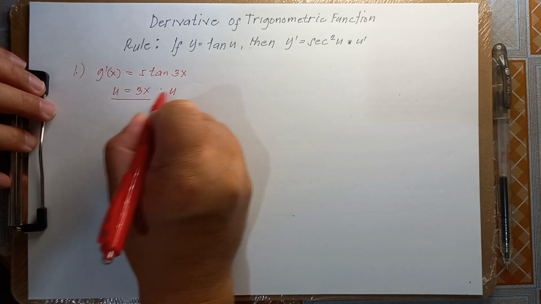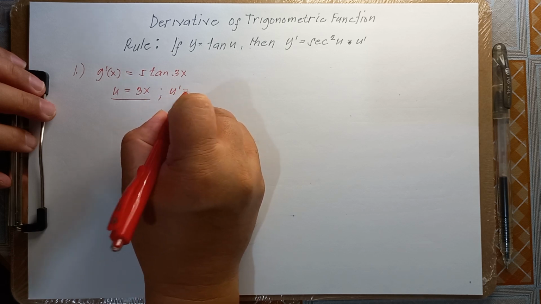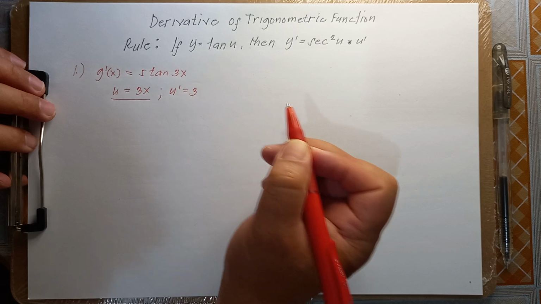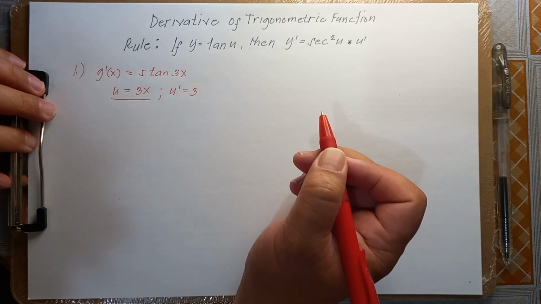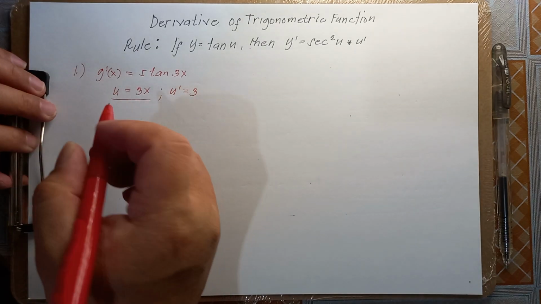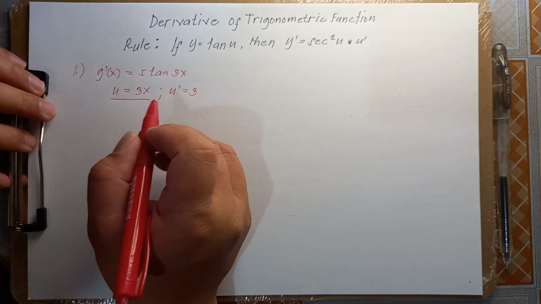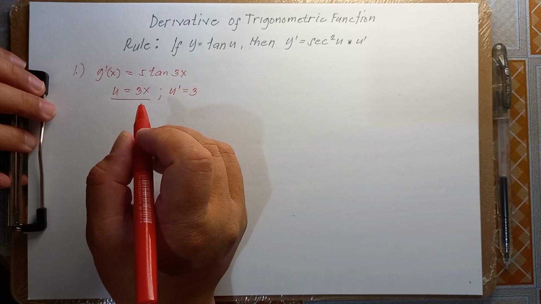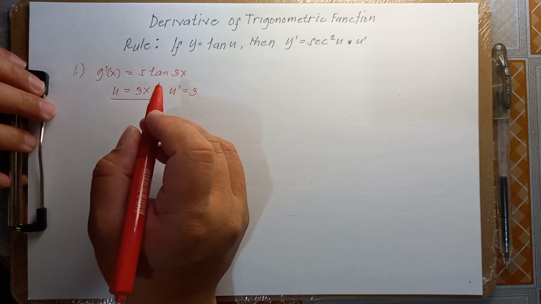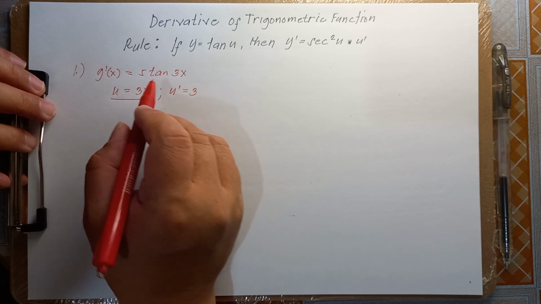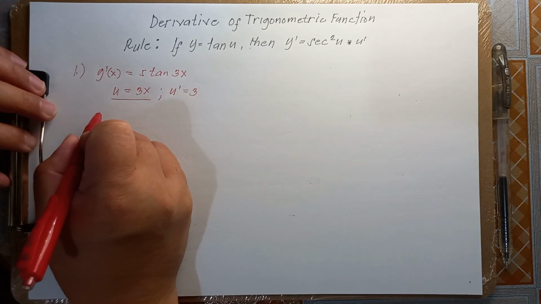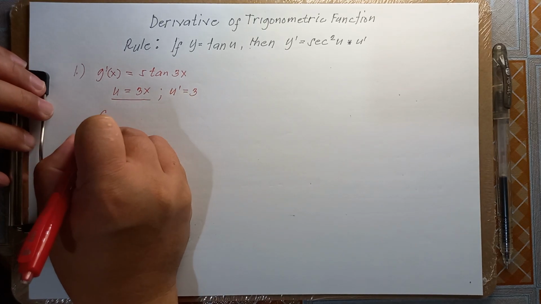So the derivative of u, u prime, is the same as 3. Now, having said this, we can get the second order derivative of 5 tan 3x. So we have here g double prime.